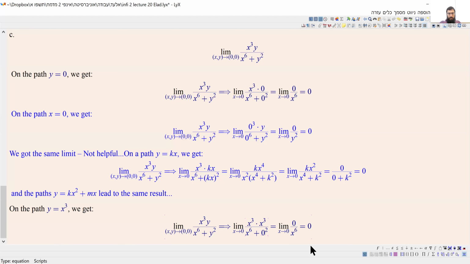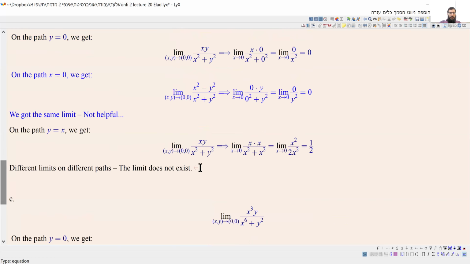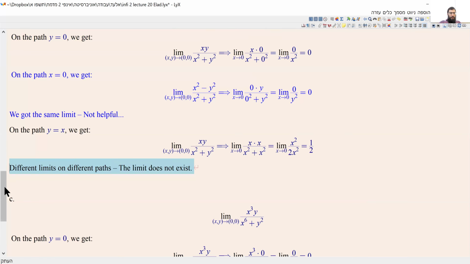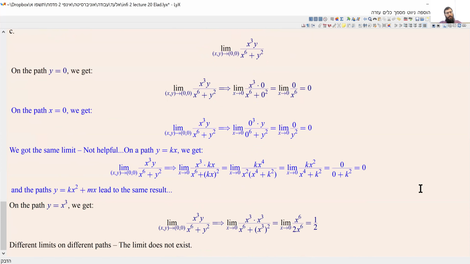And finally, the limit we get is non-zero. Here we are. Let's copy our different limits, a different path. The limit does not exist.